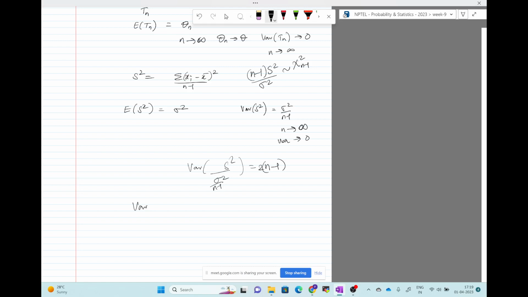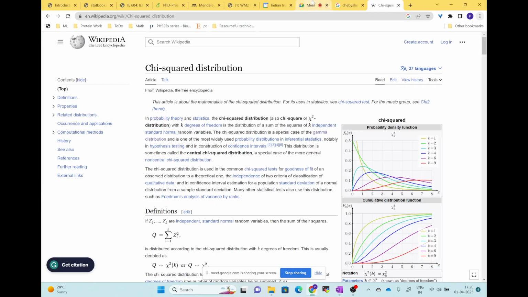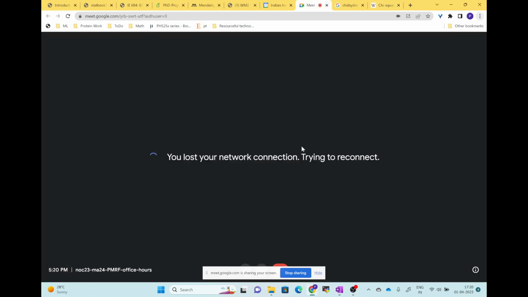So the variance of s square is what? Expected value of, one second, divided by n minus 1 whole square.